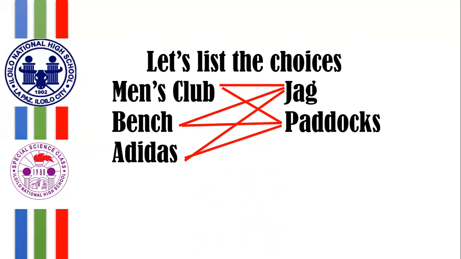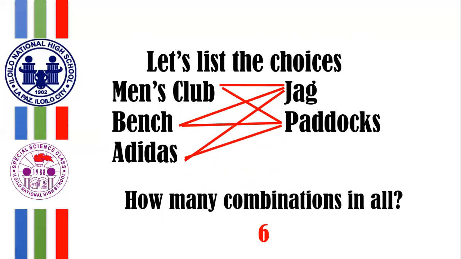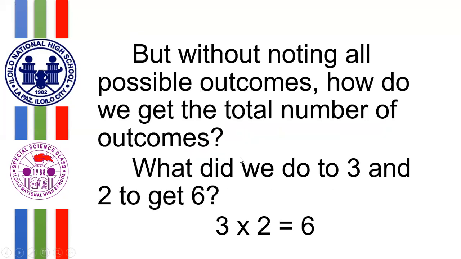Hence, we could see that there are 6 combinations of outfits consisting of a shirt and a pair of pants. But without listing, you could actually see that there are 3 choices for shirts and 2 choices for pants, and they give you 6. Without listing all possible outcomes, how do we get the total number of outcomes?